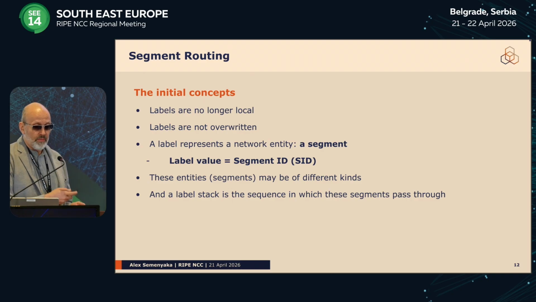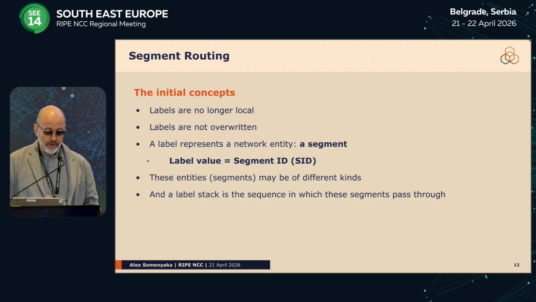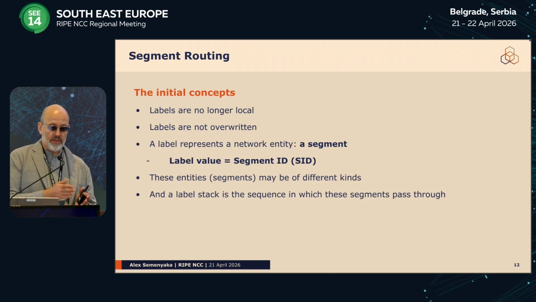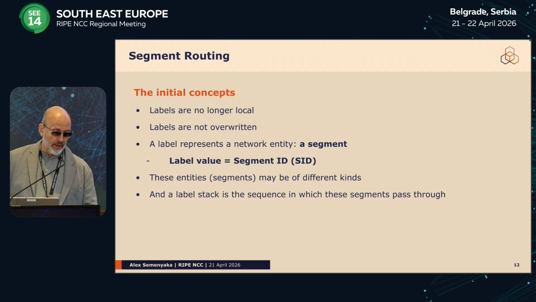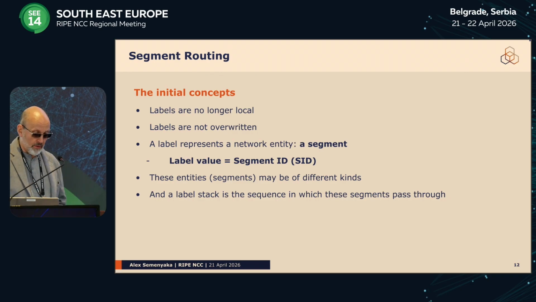These segments may be of different kinds, and that's completely normal. Now a label stack is the sequence of segments in the order the packet should pass. So we are explicitly defining the sequence of these segments.